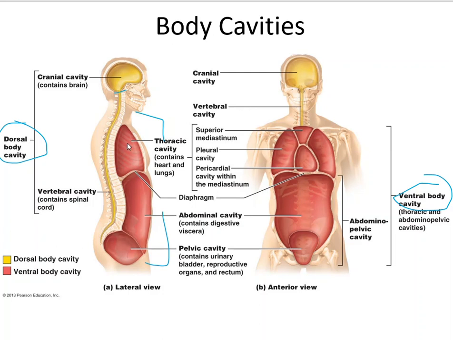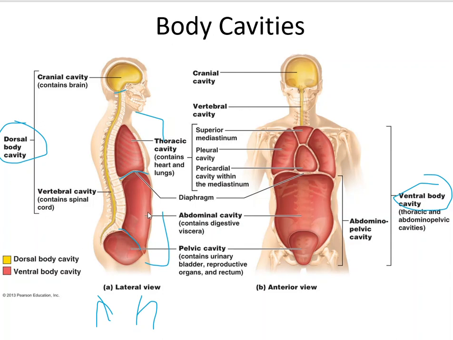So in the ventral cavity, the front cavity, we have the thoracic cavity, which is the chest. That is the diaphragm, the muscle that separates them. And this big space here is the abdomen. This big space right here is the pelvic cavity. Okay, really, there is no dividing line between those. This is below the level of the hip bones, but there is no membrane or muscle or anything that closes it off.